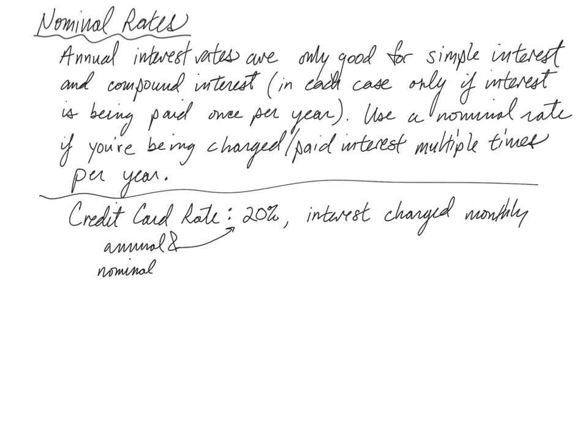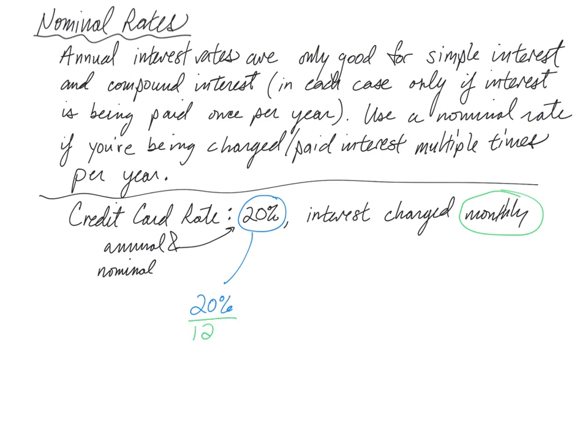Well, it's very similar to how we figured out how many years 27 weeks is, or whatever number you want to pick. We would have to take the interest rate and divide it by the number of compounding periods per year. In this case, it's going to be 12.